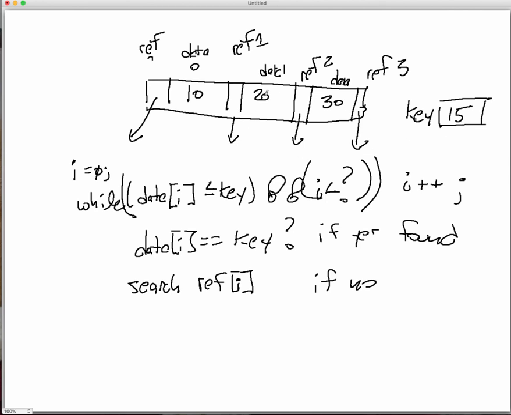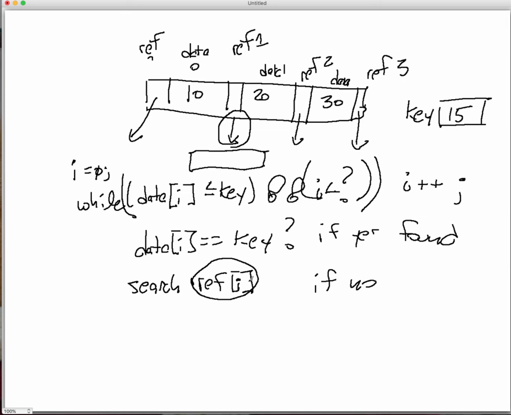So what does that mean I should do? It means that I should now follow this reference down to another node and start searching there. If it turns out that this is null, then of course I haven't found it. And that's how I would do search.